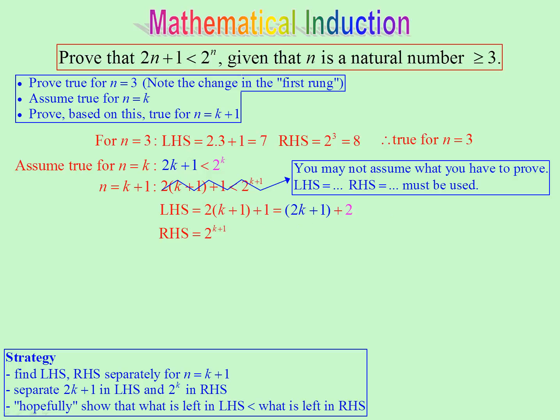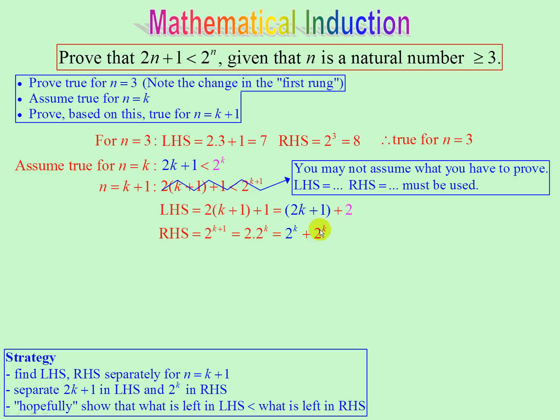Right-hand side is 2 to the k plus 1. But I want just 2 to the k. So what I'm going to do is I'm going to write 2 times 2 to the k. So 2 to the 1 times 2 to the k is 2 to the k plus 1. And then same as I did with the power in the previous one, I separated into 2 to the k plus 2 to the k, which is 2 times 2 to the k.